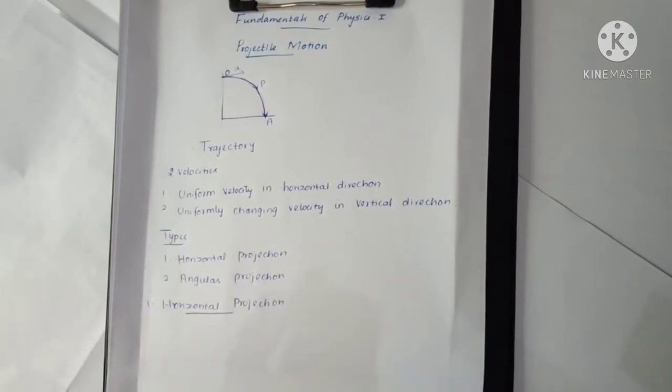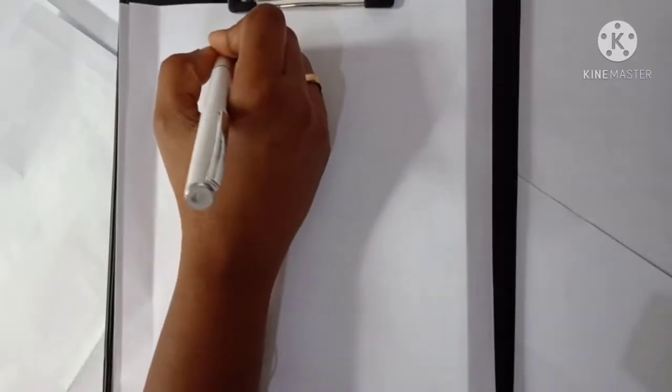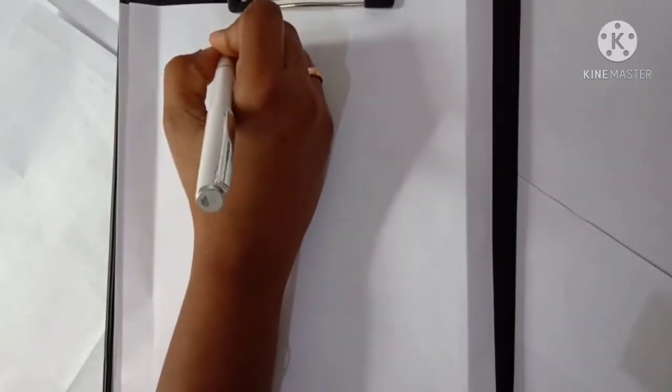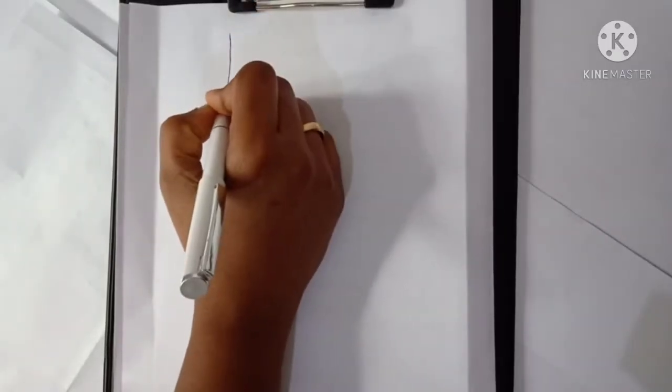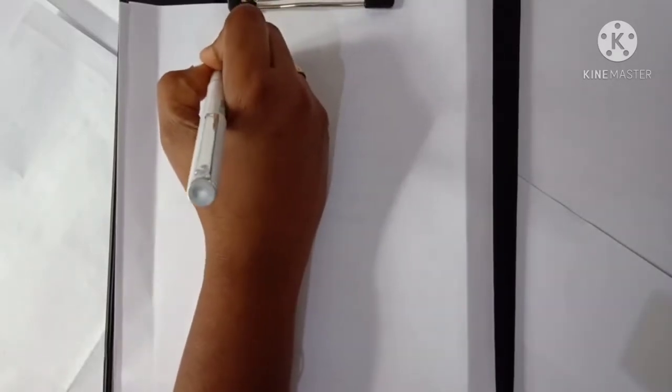Consider a ball, which is a projectile, thrown horizontally with an initial velocity from the top of a tower. This is the tower, this is the ground. The height of the tower is h.